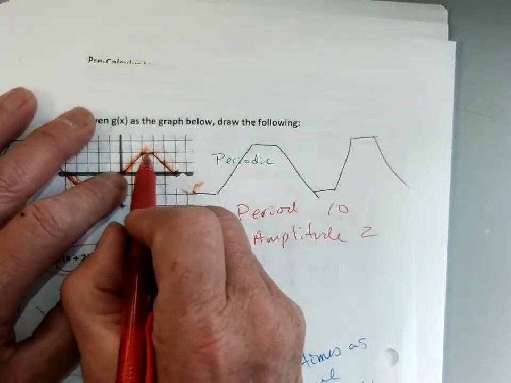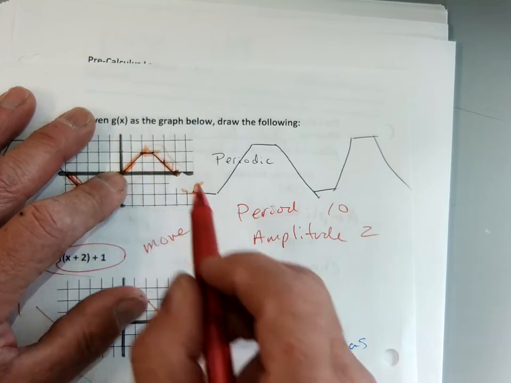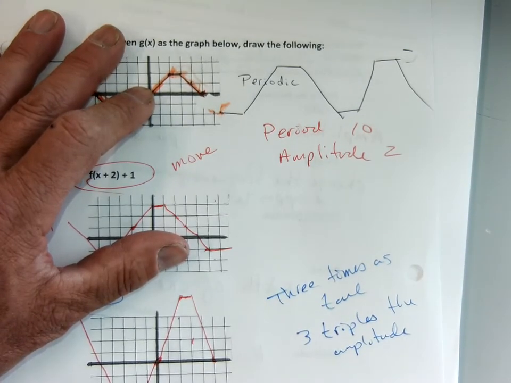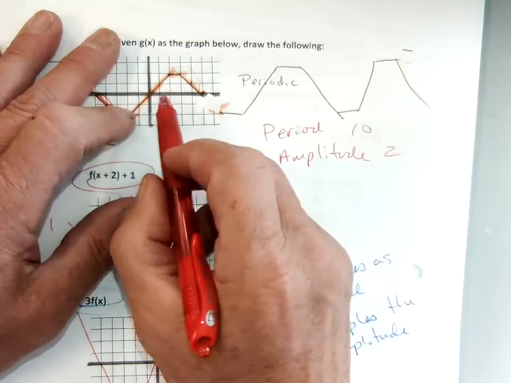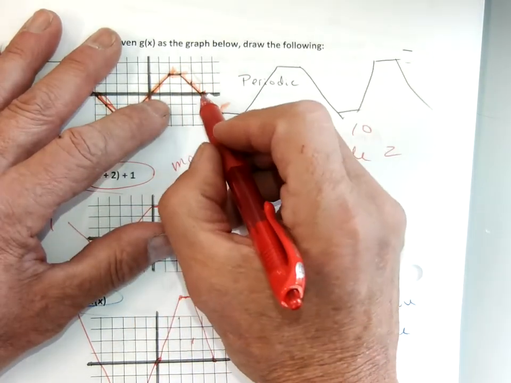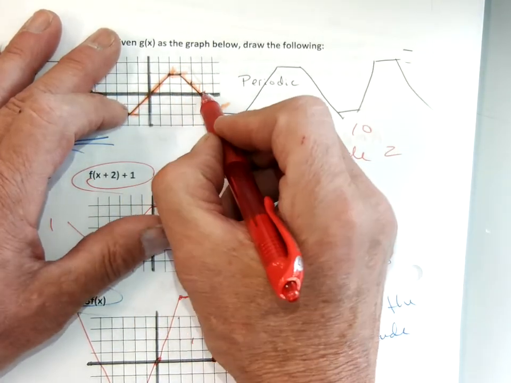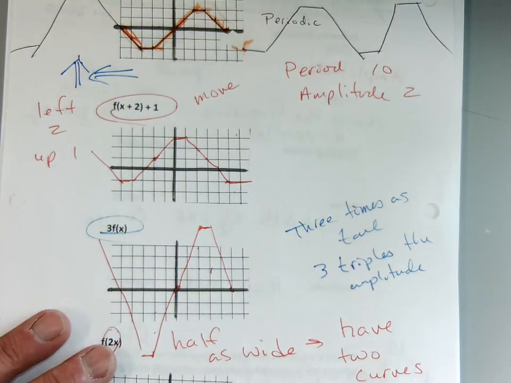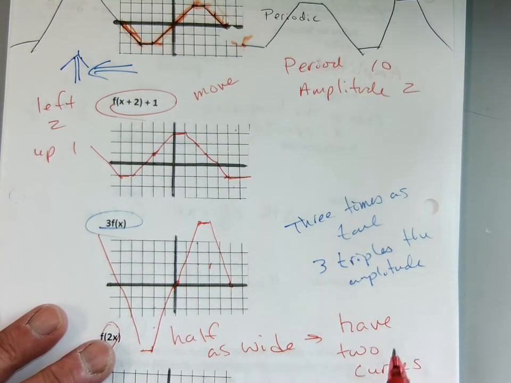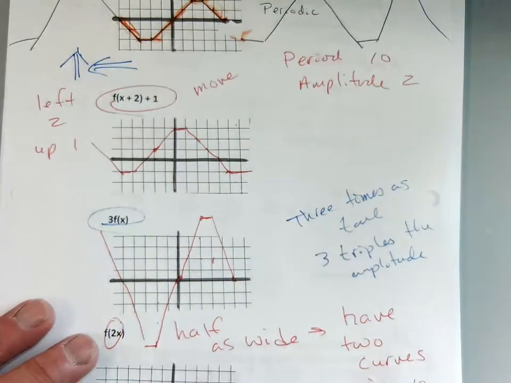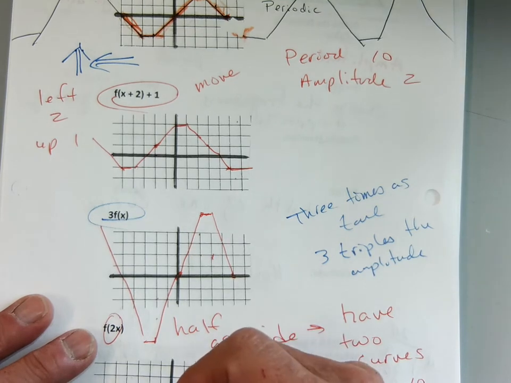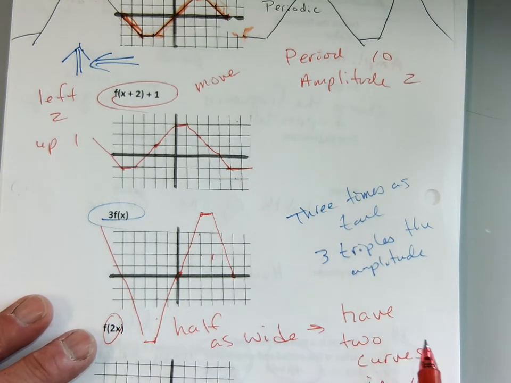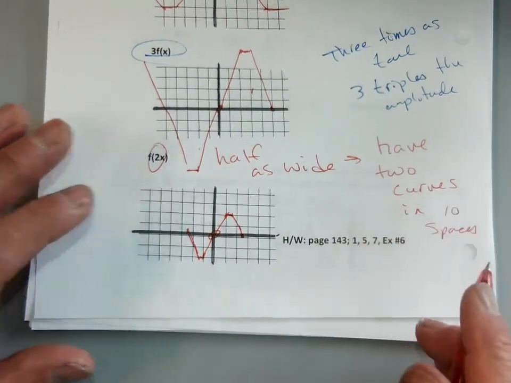I'm bringing it half as wide. This is 1 square, but it's going to be half a square. See how I'm doing that? Okay, this point right here is at 1, 2, 3, 4, 5. So this point's going to go into 2.5. I'll do the same thing on the other side. It's going to go here, and then here, and then it just keeps repeating itself.